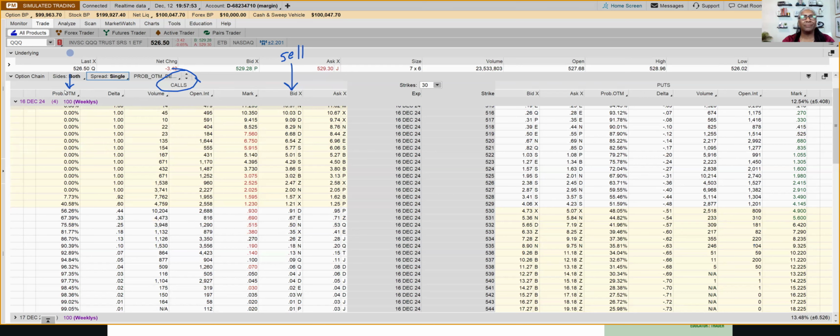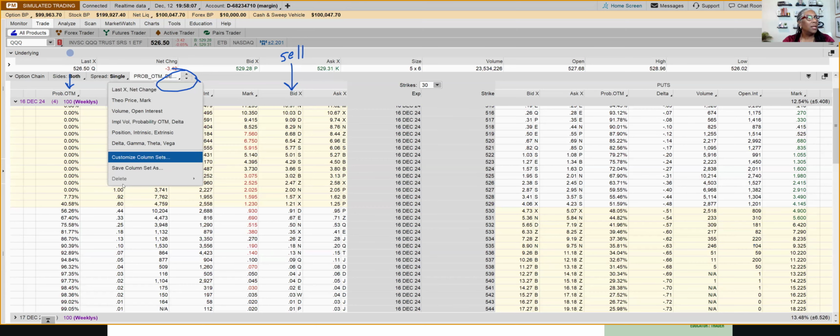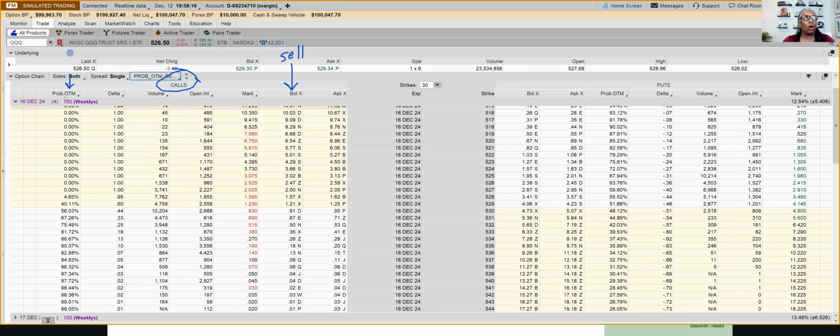Right here, when you're on this option chain, you can select this under custom and you can pick what column set. You can pick what you want to put in your columns. And I picked probability OTM.